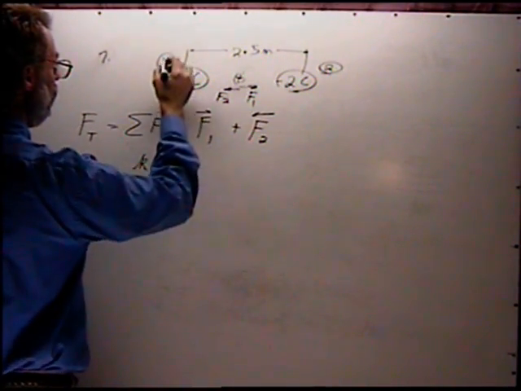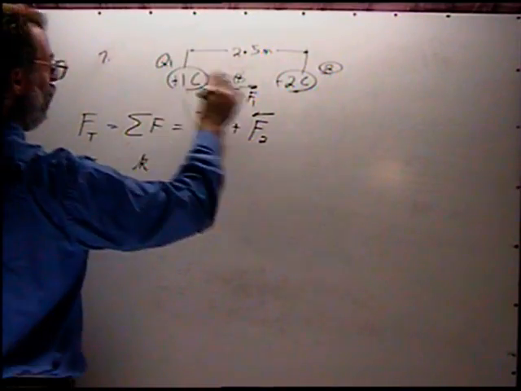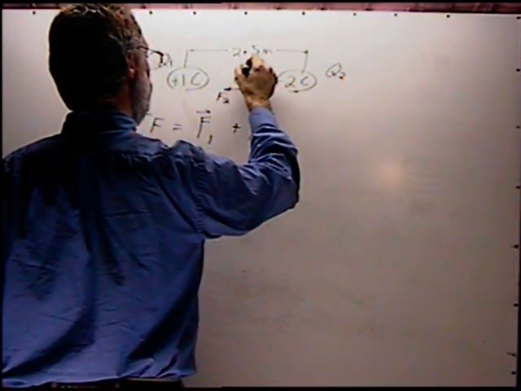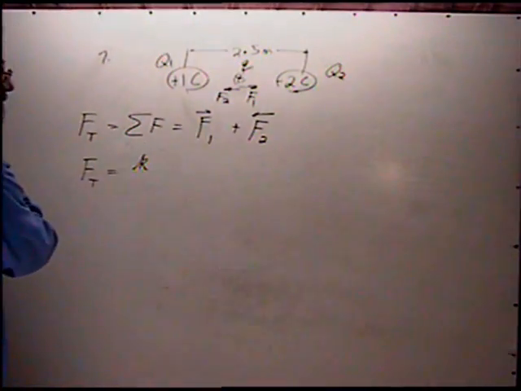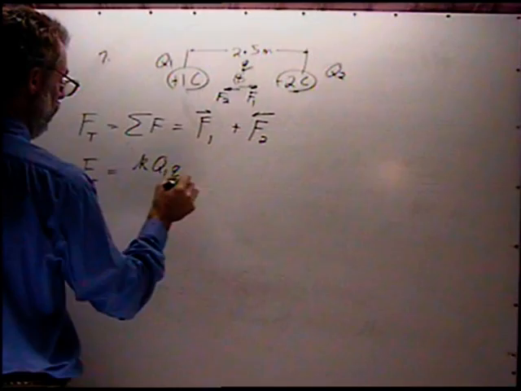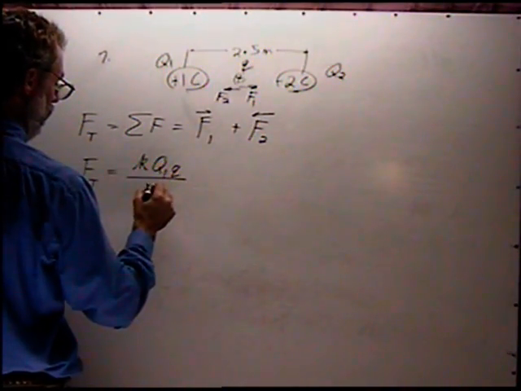I'm going to call this Q1, and I'm going to call this Q2, and I'm going to just call this one small q. So I'm going to say Q1 times small q divided by R squared.